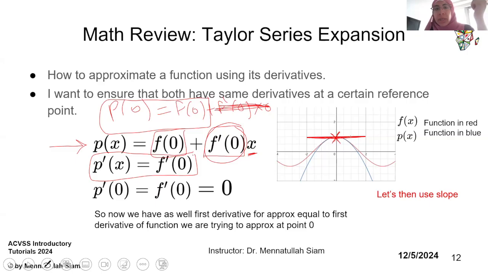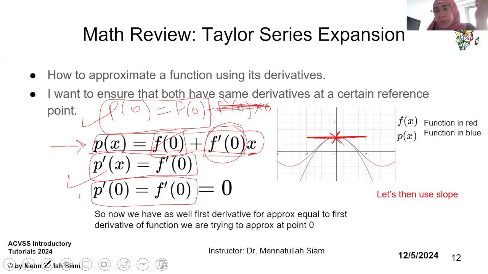Okay. If I take p bar, the first derivative of this function, this part will be a constant, and f bar of 0 multiplied by x just becomes f bar of 0. So now p of 0 is equal to f of 0, and p bar of 0 is equal to f bar of 0. I ensured that at least one point is intersecting, and the slope at this point is also the same for both functions, p and f.